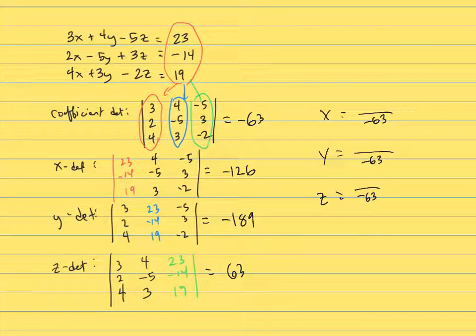And the numerator of each of those numbers is the corresponding variable determinant. So the x determinant goes on top of x, the y determinant goes on top of y, the z determinant goes on top of z. And then you simply simplify those fractions. And that is the solution to your system.